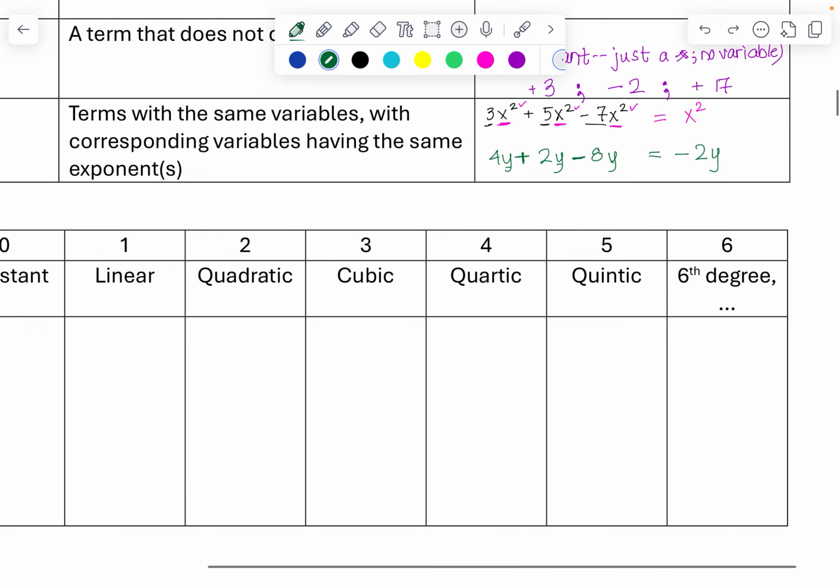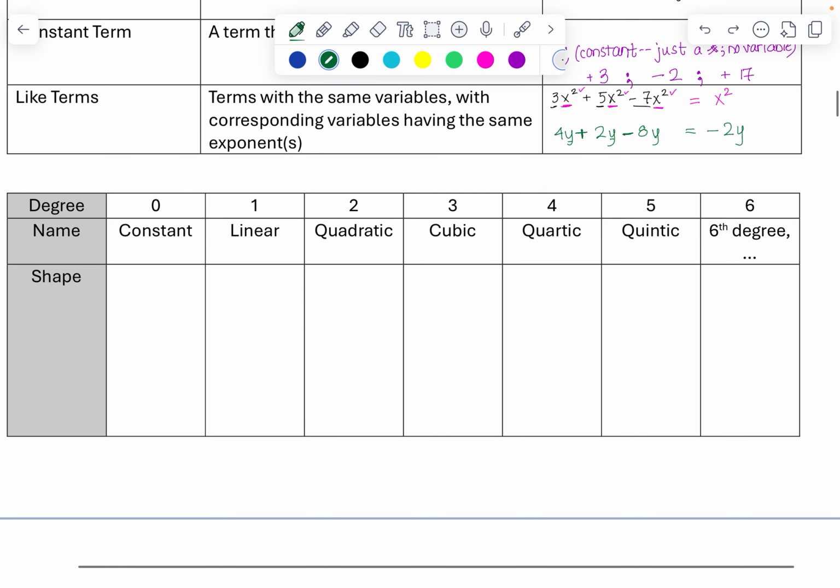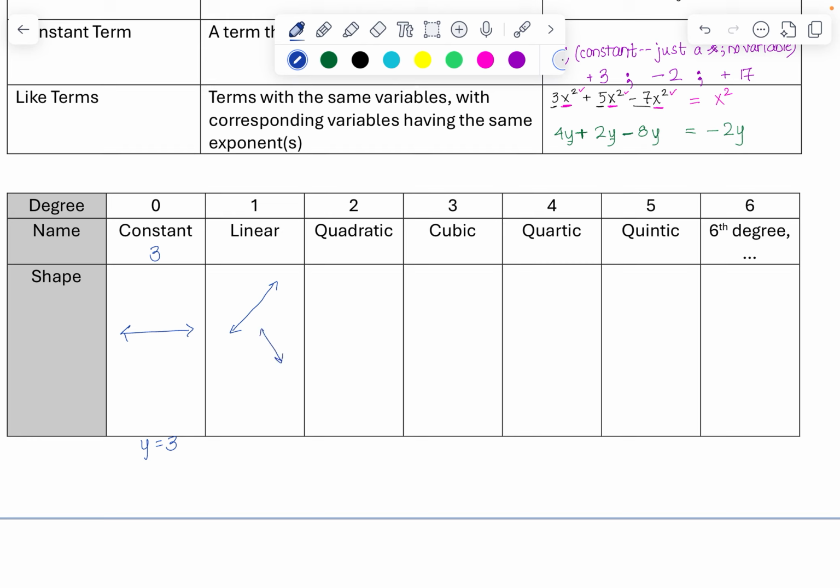Okay, let's talk about degrees, names, and their shape. So if you have a degree of 0, this is a constant, say a number of 3. It's just a number, just a constant. This is how your graph would look like. It would be a horizontal line, y is equal to 3. A linear could be positive or it could be negative.